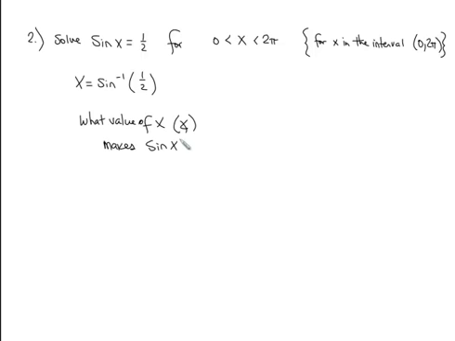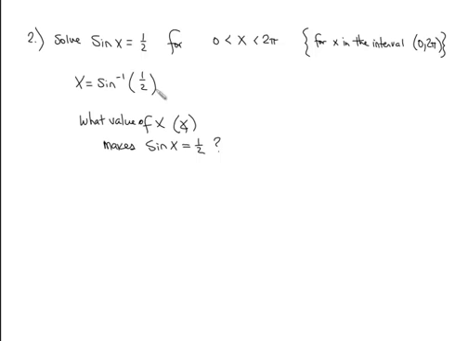So what value of x, what angle makes sine of x equal 1/2? That's what this really means when you see x equals inverse sine of 1/2. Here's the thing that you need to understand. Remember that what sine does is it takes an angle and it gives you back a ratio, opposite over hypotenuse. That's the 1/2.